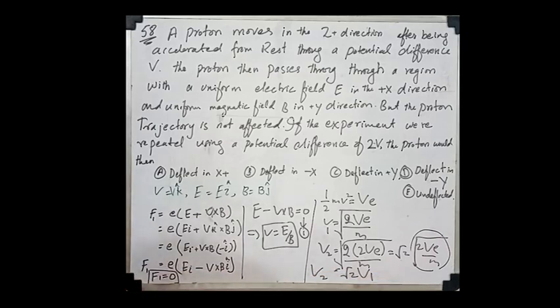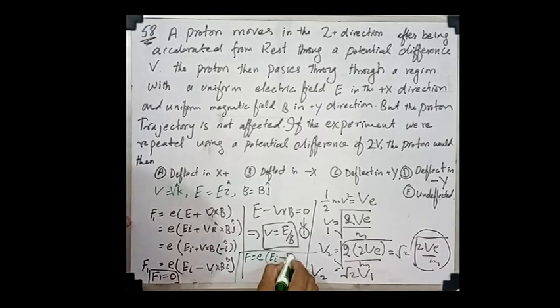So v2 is equal to square root 2 times v1. If we put this into this equation, the equation becomes F is equal to e E i minus v2 B, where v2 is square root 2 into v1, times B. This is our equation 4.